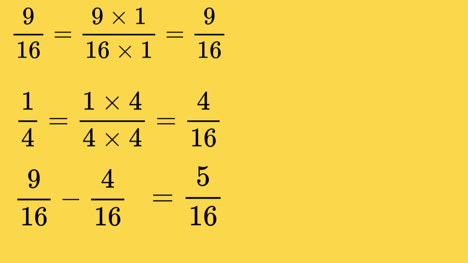Now, for the second fraction, 1 by 4, we have to multiply the denominator by 4 to give us 16. Therefore, the numerator also has to be multiplied by 4. So, our fraction will become 4 by 16. Now, we will subtract 4 by 16 from 9 by 16, which will give us 5 by 16.